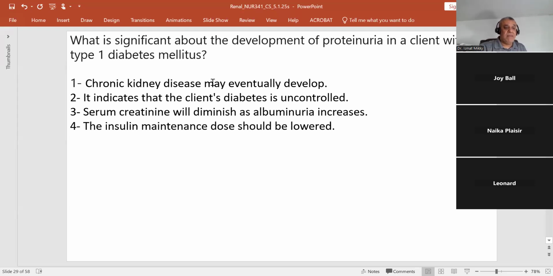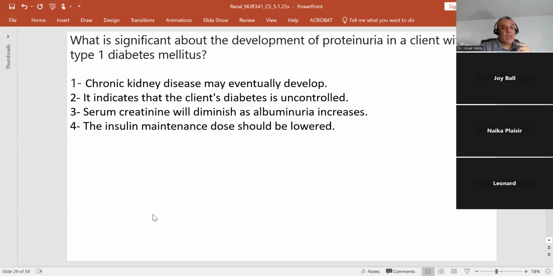So a macroscopic amount of albumin in the urine is one of the earliest indications of kidney disorder or kidney failure. And patients are usually asymptomatic. They won't realize that they have high albumin or protein in the urine. So we have to do what is called the annual albumin creatinine ratio, which should be done at least once a year for patients with diabetes.